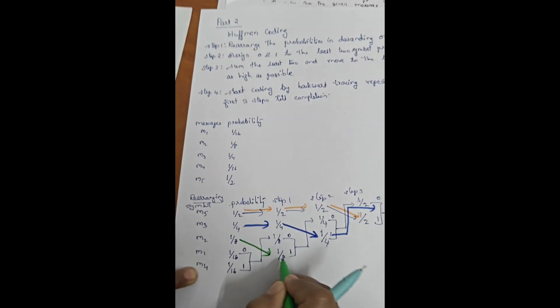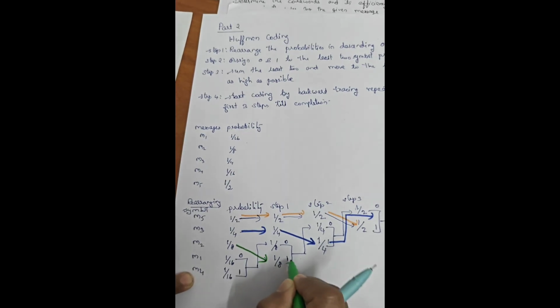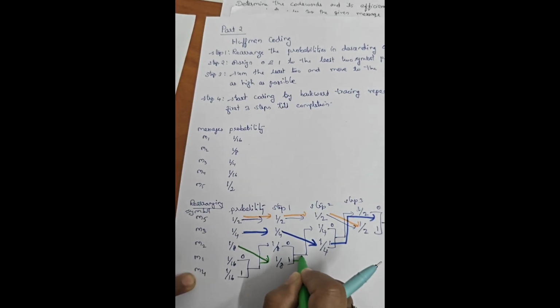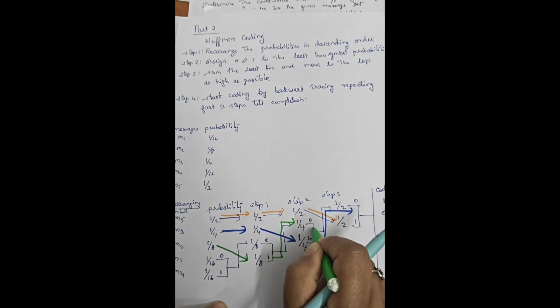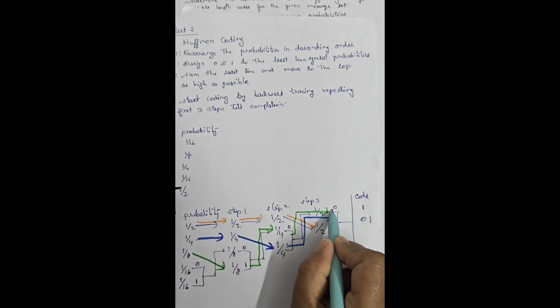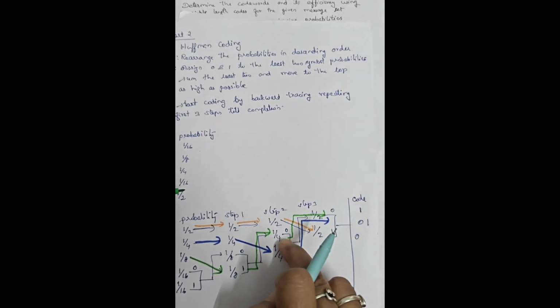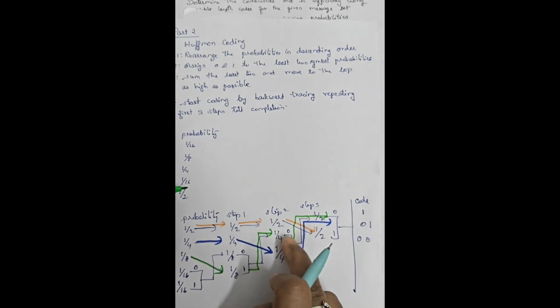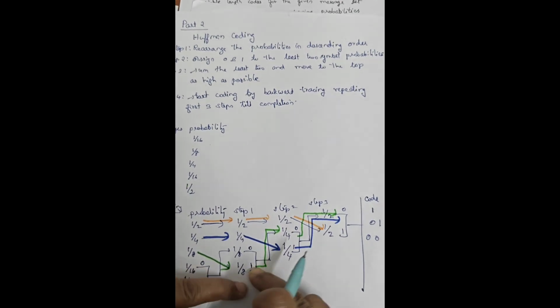Trace it here, it goes towards this. Again it is 0. Coming here, the next level is 0 and the next will be only 1.